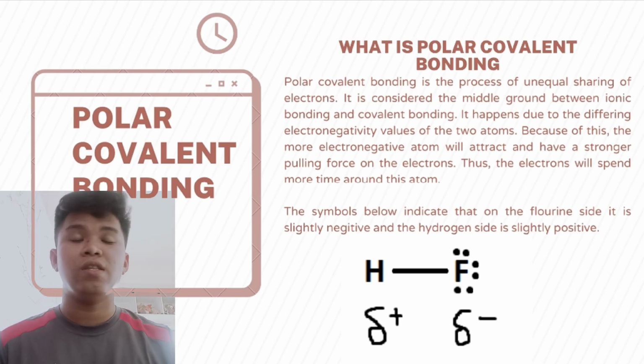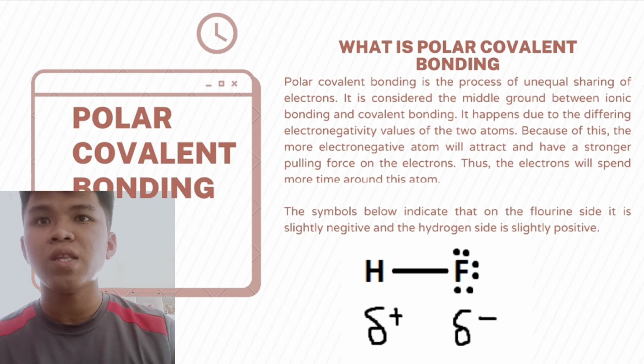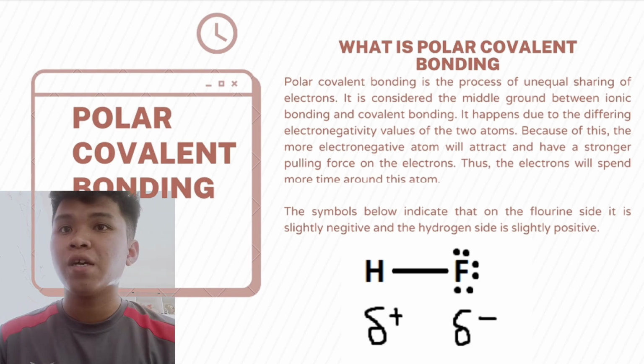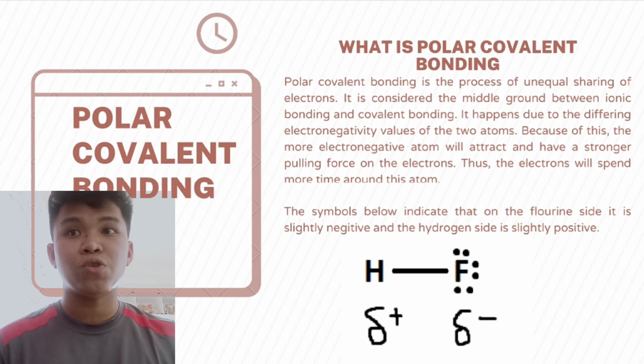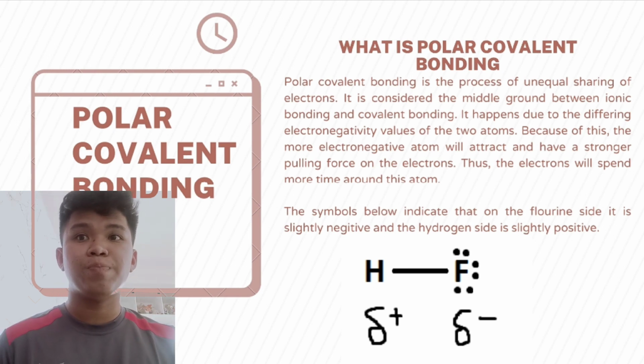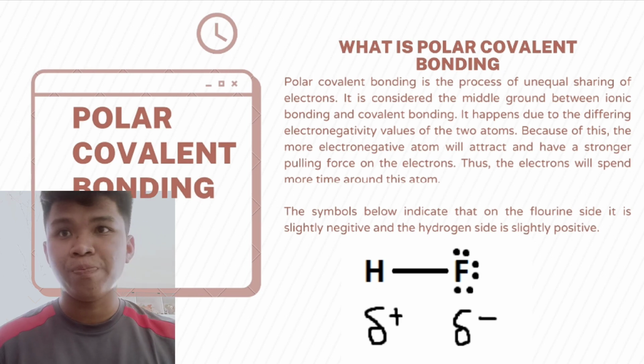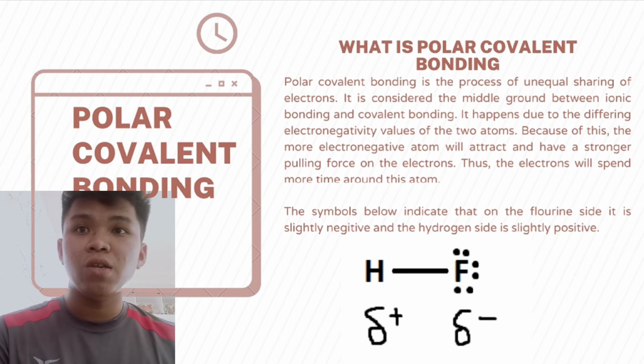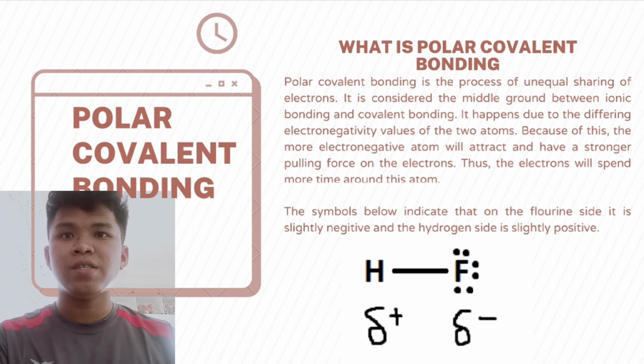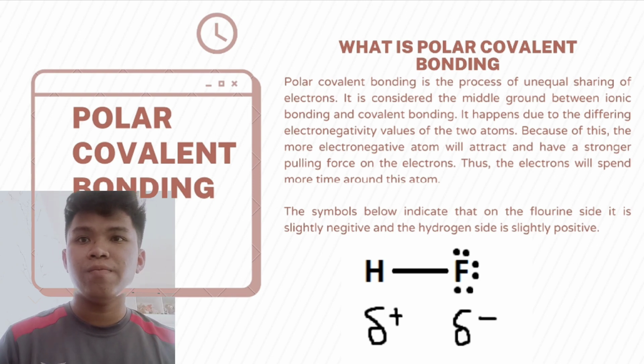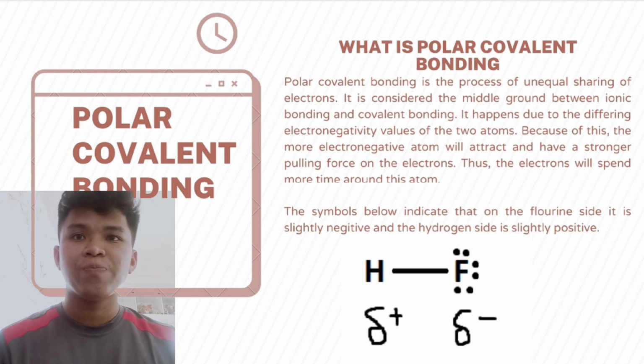Because of this, the more electronegative atom will attract and have a stronger pulling force on the electrons. Thus, the electrons will spend more time around this atom. The symbols below indicate that on the fluorine side, it is slightly negative, and the hydrogen side is slightly positive.